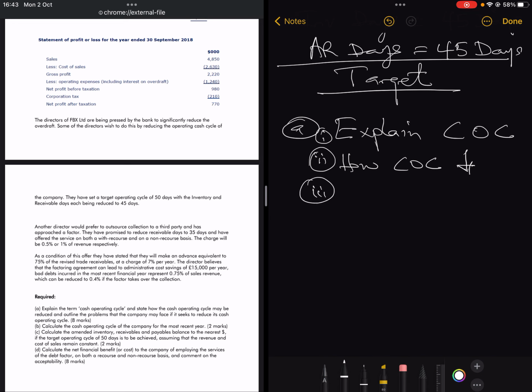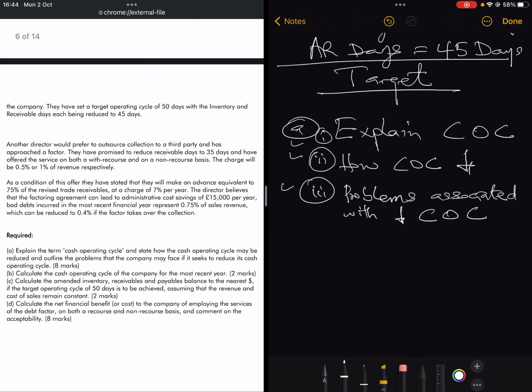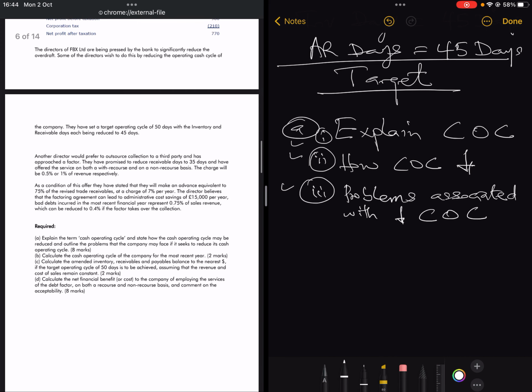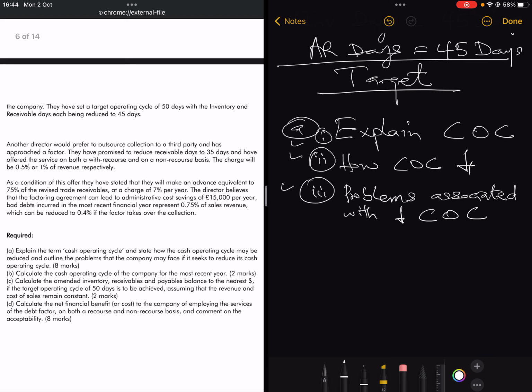And the third part of this question wants you to discuss the problems associated with reducing cash operating cycle. If you don't address these 3 parts of the questions, you cannot earn the 8 marks. These 8 marks you have to address all of this. And usually this kind of question will be split into 2 marks, 3 marks, and 3 marks to end the total of 8 marks.